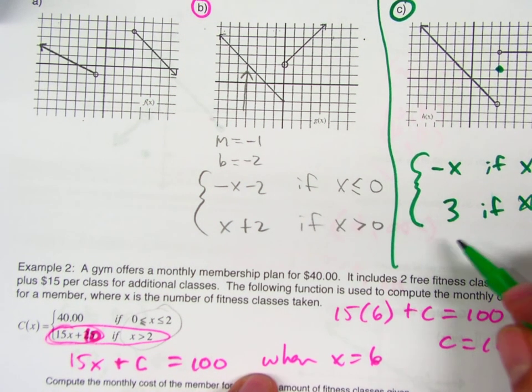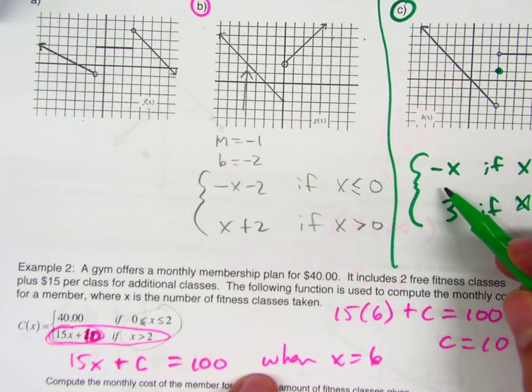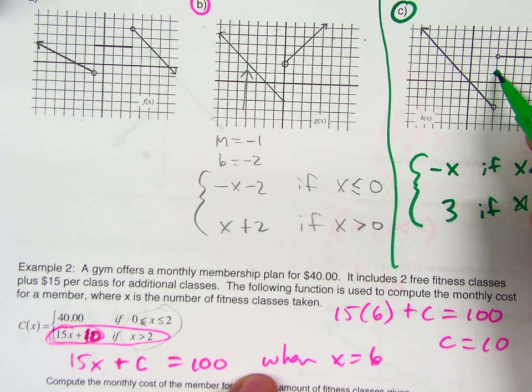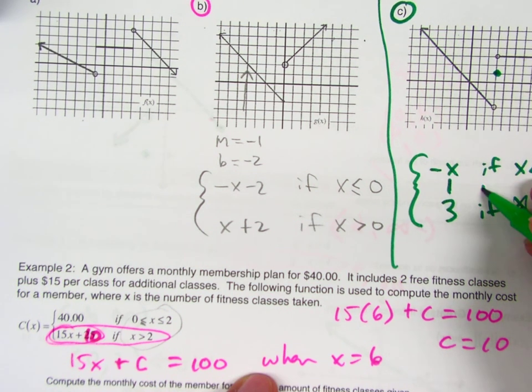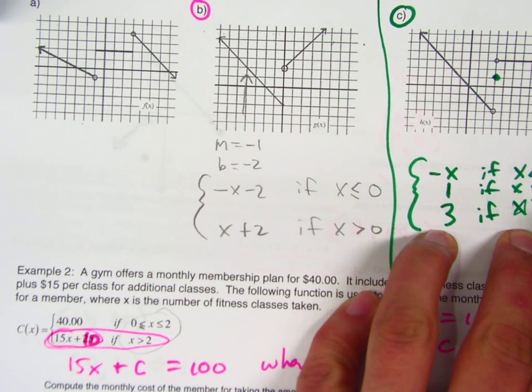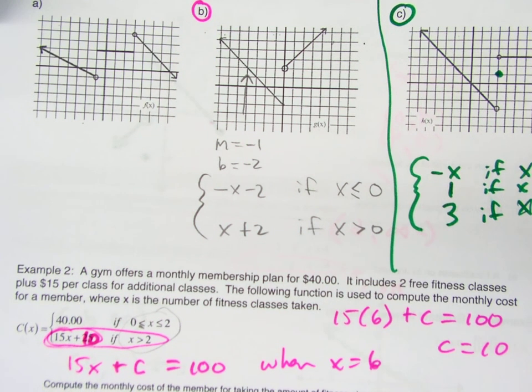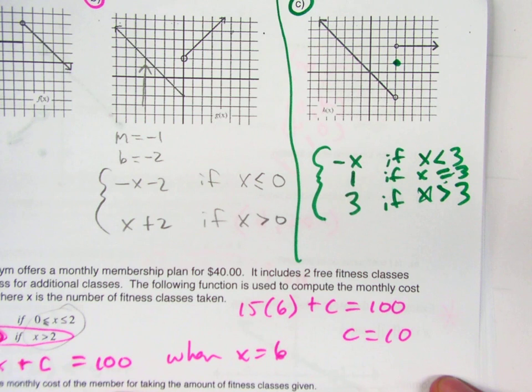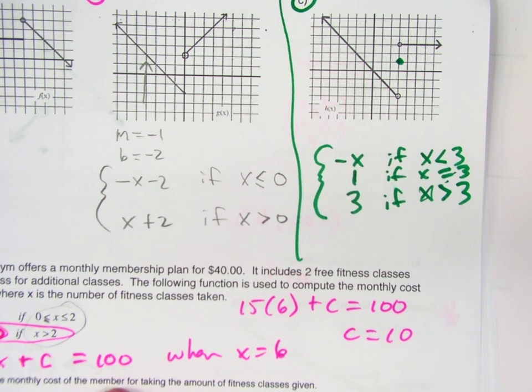Then we would just have an extra point, let's sneak it in here. What's the value here at this point? What's the y value? 1, and that's when x equals 3. Does that make sense?